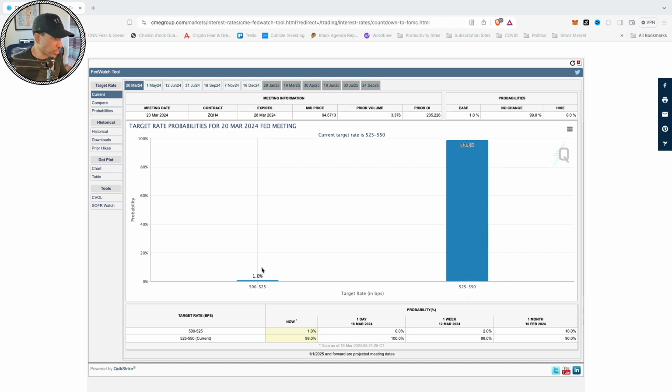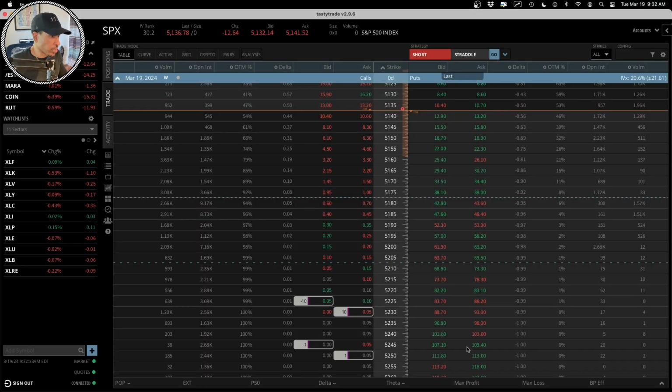And then you have a really small contingent of people, 1%, who think that the Fed is actually going to decrease or cut the current interest rate from this rate range to this rate range here. But that's not going to happen. But nonetheless, there's still some uncertainty.